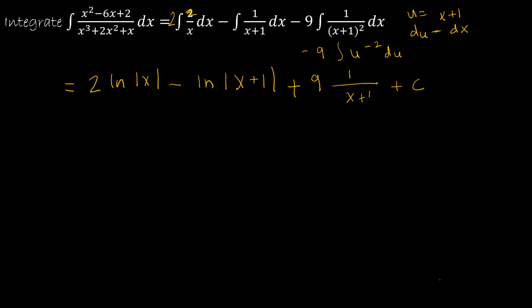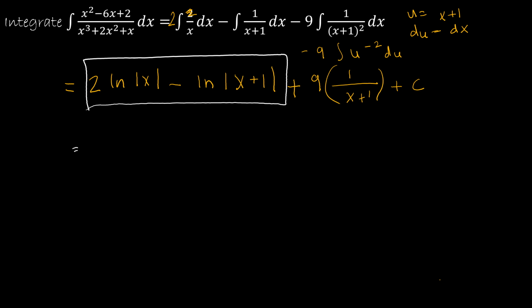Let's go ahead and simplify now anything that I can. So the first thing I see is I've got natural log for two different values, and whenever I have that, I should use the properties of logarithms to combine those. And so if you'll recall, first of all, if I have a 2, I can make that the natural log of x squared, and if I have subtraction, I'm combining by division.